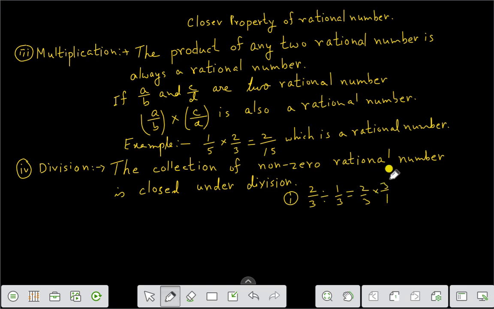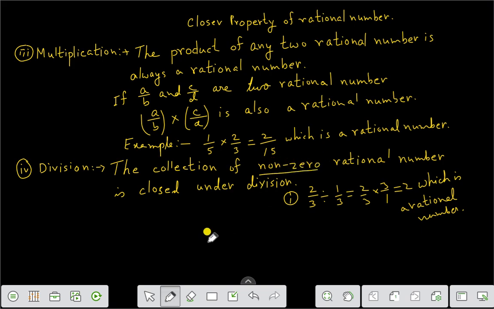That comes to 2, which is a rational number. This is for non-zero rational numbers.